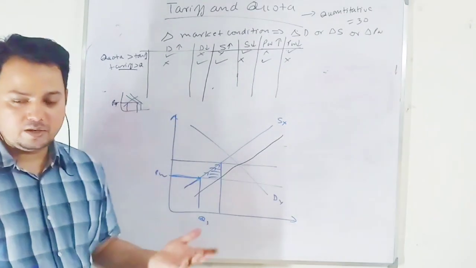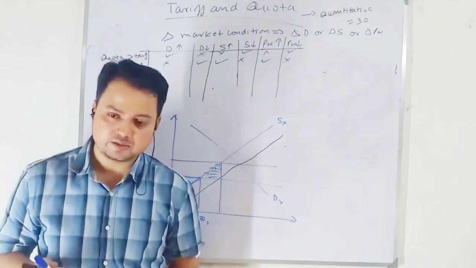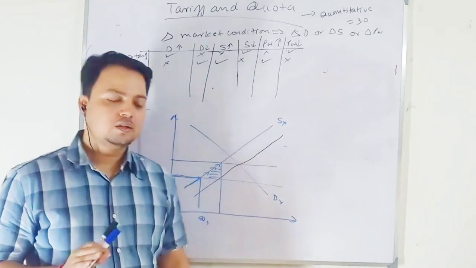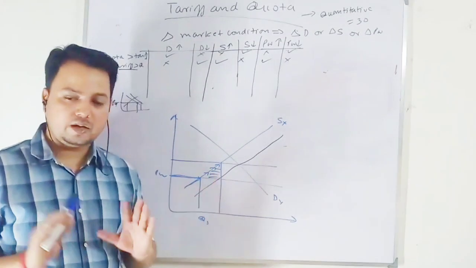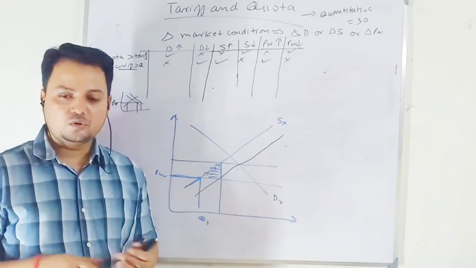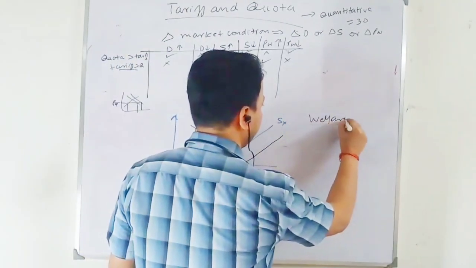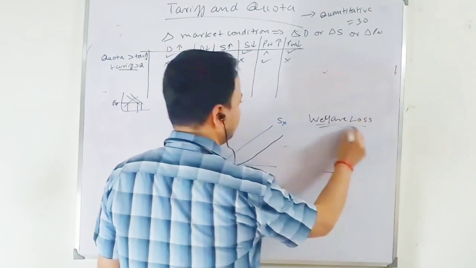That is why policy people suggest that the government should give a subsidy, not put a tariff, because tariff creates welfare loss to the economy, like we have seen.